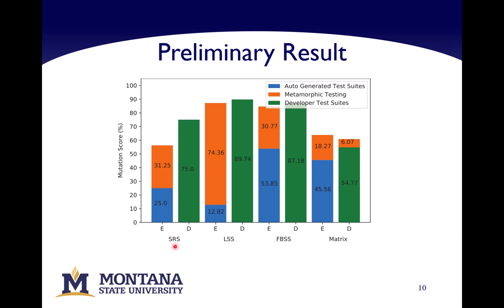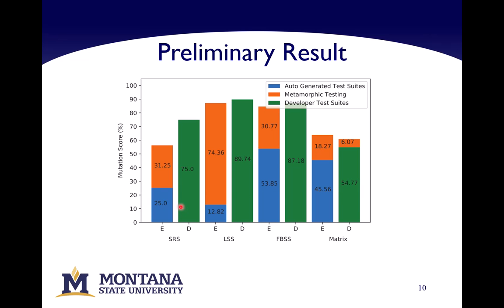So we can see here that for SRS and LSS classes, the metamorphic testing mutation score has a 100% increase over the automatically generated test suite, and for all the classes there is a significant increase with metamorphic testing.